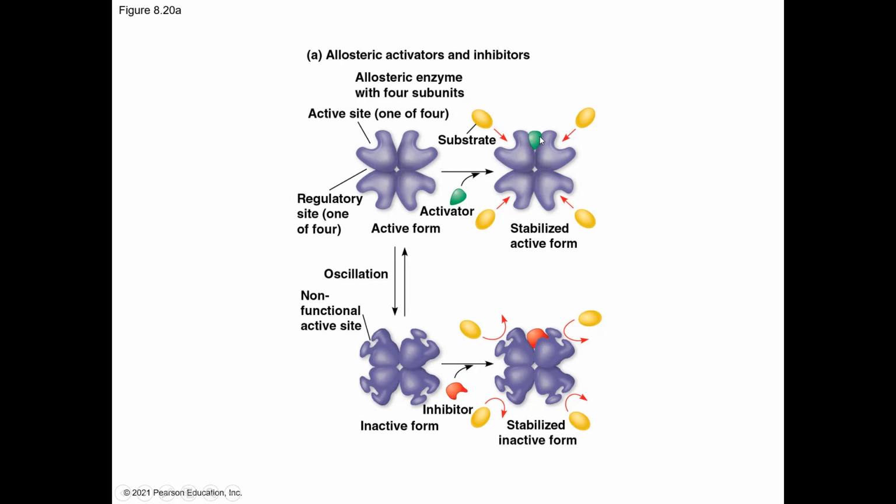If you have an activator that binds to it, it will allow for substrates to bind to the active sites and it can do its job. But you can add an inhibitor that will cause it to change shape, where substrates cannot bind to the active site and it just stops working. It doesn't mean that the enzyme is damaged or destroyed. It just means that it's taking a break.